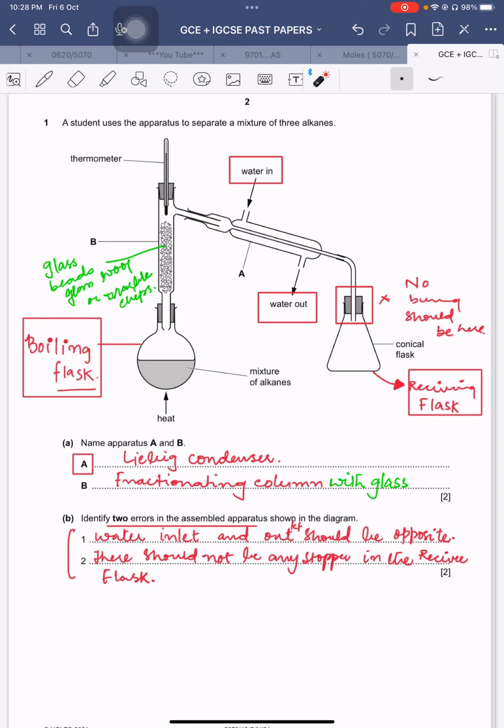Why is it so? Because in the anti-gravitational direction, it has to be in contact with the condenser for a longer interval of time. Water will be pumped up with a great force and it has to be in contact with the condenser for a longer interval of time. Okay, there should not be any stopper or a bung in the receiver flask, as the fractions which are coming from this high temperature to the fractionating column to the condenser and finally to the receiver flask are comparatively at a high temperature.